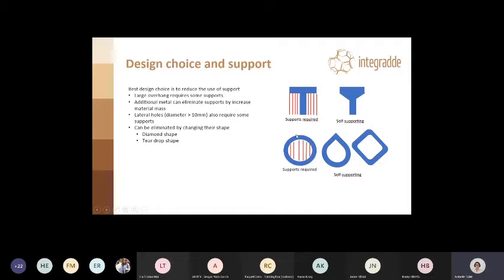It's the same for lateral holes with a diameter above 10 millimeters. Generally, supports are required, but if you change the shape, for example, if you use a diamond shape or a teardrop shape, you can eliminate the support.